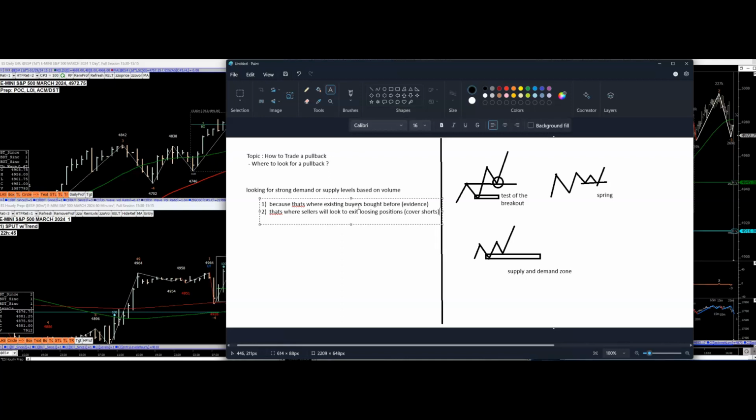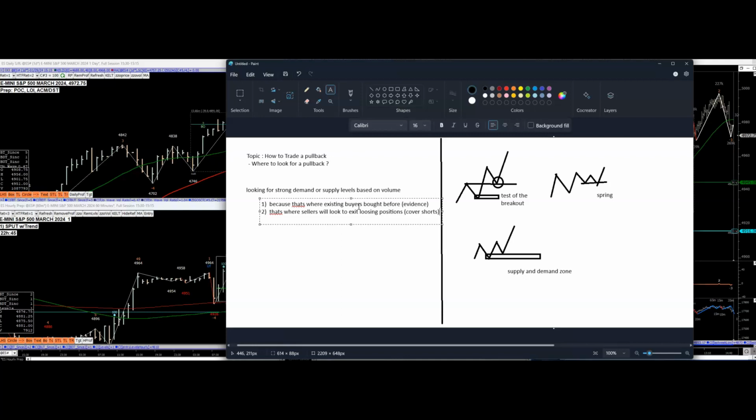Okay? Now here's the thing. If you're thinking, okay, buyers bought that on Monday, I don't know if it's going to work on Tuesday or Wednesday or Thursday. But here's the fact. If buyers are not there, the sellers are still stuck. That's a fact. If buyers bought on Monday at a particular level and it moved up, they're in the money.